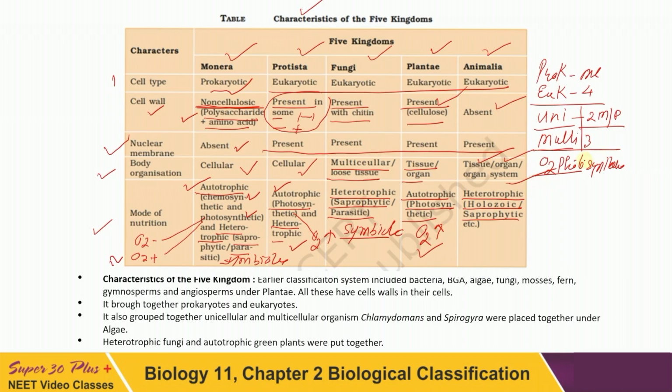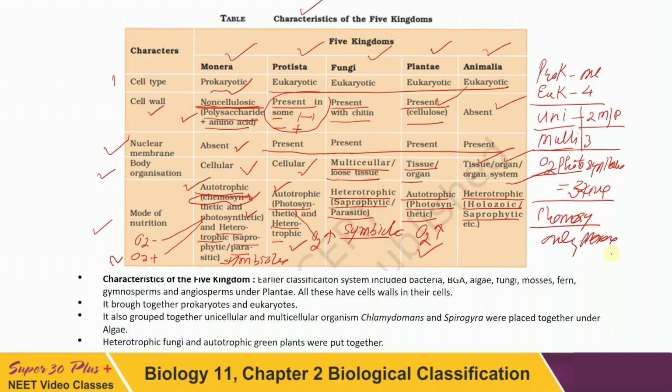So oxygenic photosynthesis is done by 3 kingdoms. Is it right? And one more important question. Chemosynthesis is found in how many kingdoms? See the table. Chemosynthesis is present only in Monera.